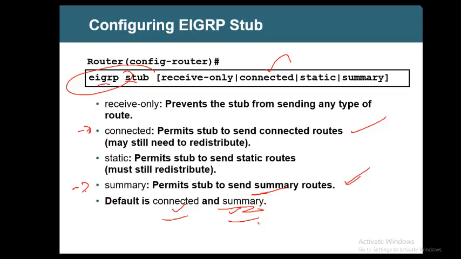When I advertise the summary route and the connected route, I'm taking ownership of all the available networks. That's why they have come up with this idea. By default, mostly everyone will like this, so they have put these two together and given us one. Sometimes people may not like to advertise the connected, so they may go with this.